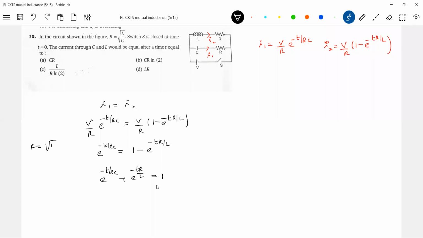I'll take help of this, so that I'll substitute. t by RC. So R by L is equal to, option D, sir. Yeah, fine. So L is equal to R square C.